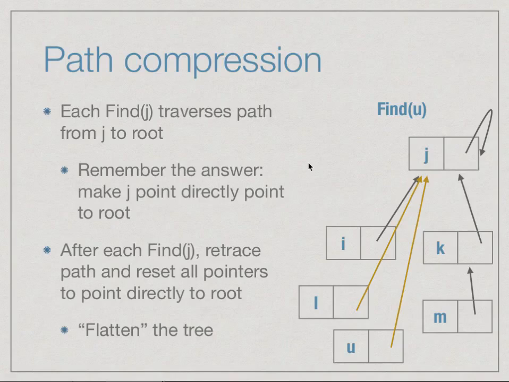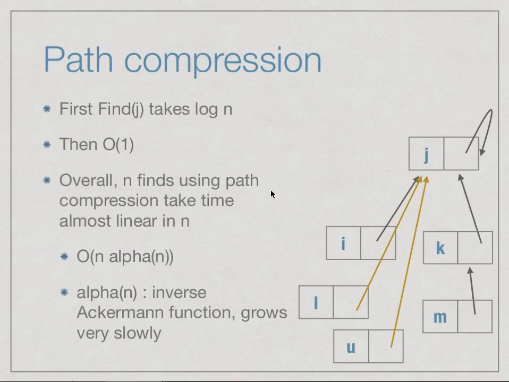So now subsequent lookups are going to take only one step from u and l, right? So the first find takes log n time, then it takes constant time. Now you can actually show, I mean this is not an easy calculation, so we are not going to attempt it now.